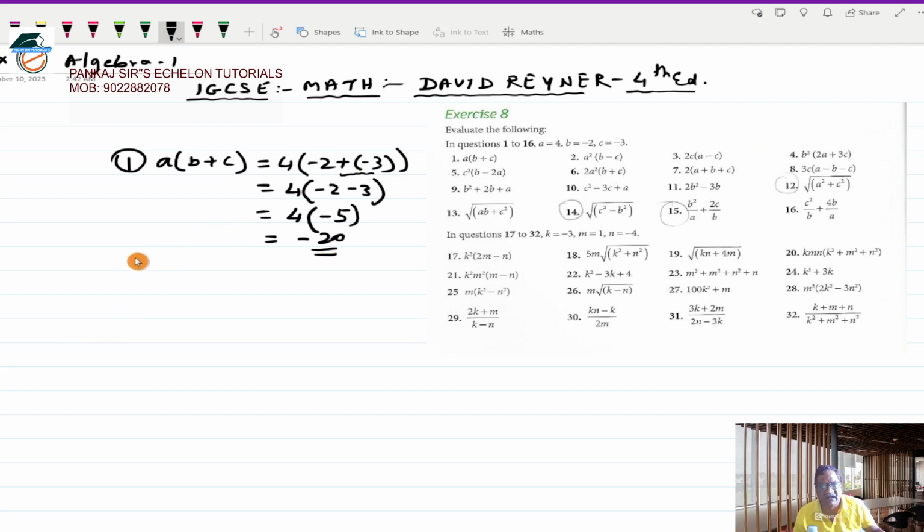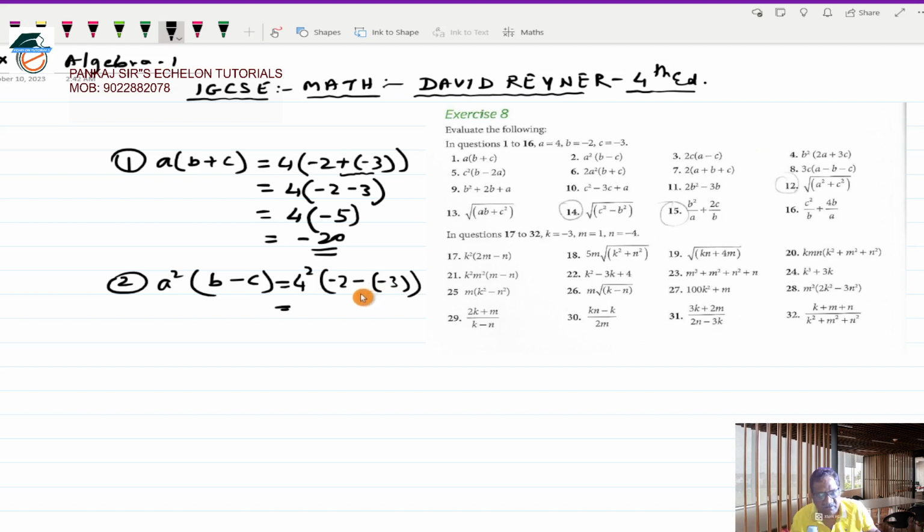Now let us move on to question number 2. Question number 2 says that it's a square times a b minus c. So this I can write as a square means a I have to take what, 4, no? So 4 square times b is how much, minus 2, minus, and c is how much, minus 3, right? So as usual, you'll have to work out from the core of the bracket, the inside bracket first.